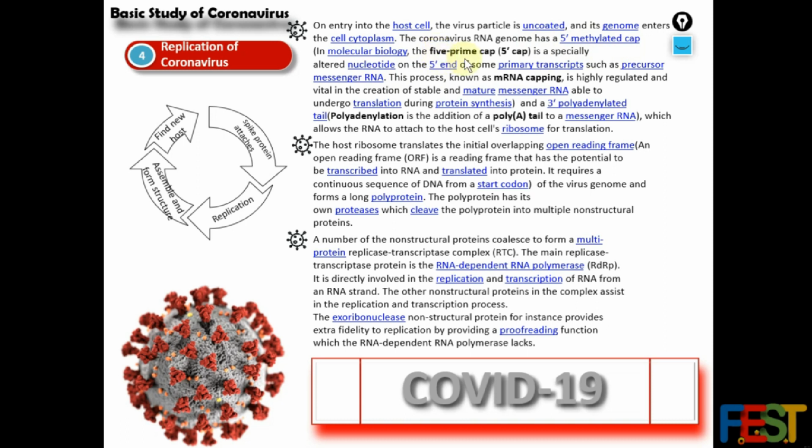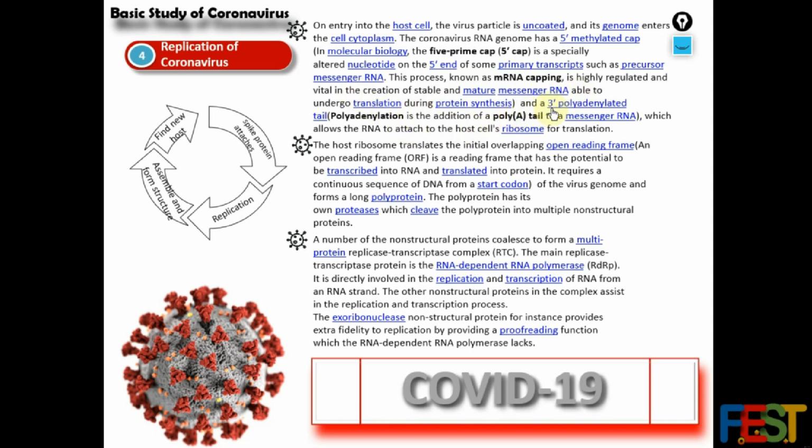The 5 prime methylated cap is a specially altered nucleotide on the 5 prime end of some primary transcripts such as precursor messenger RNA. This process, known as mRNA capping, is highly regulated and vital for creation of stable mature mRNA. In short, this 5 prime methylated cap will help to stabilize the mature messenger RNA.